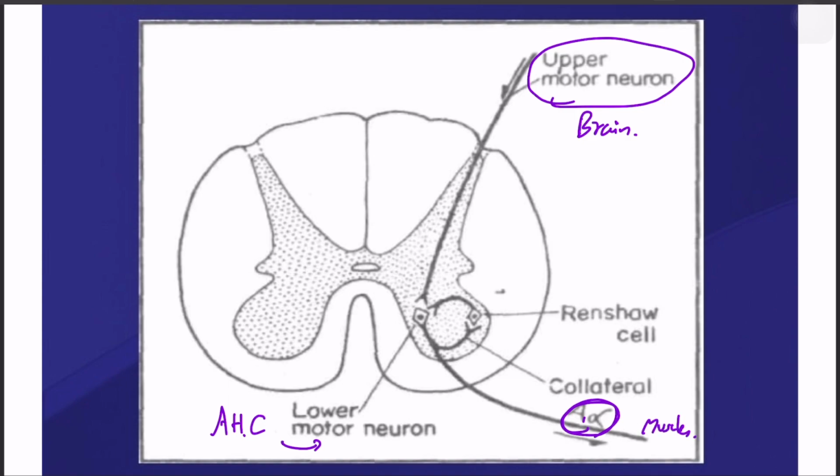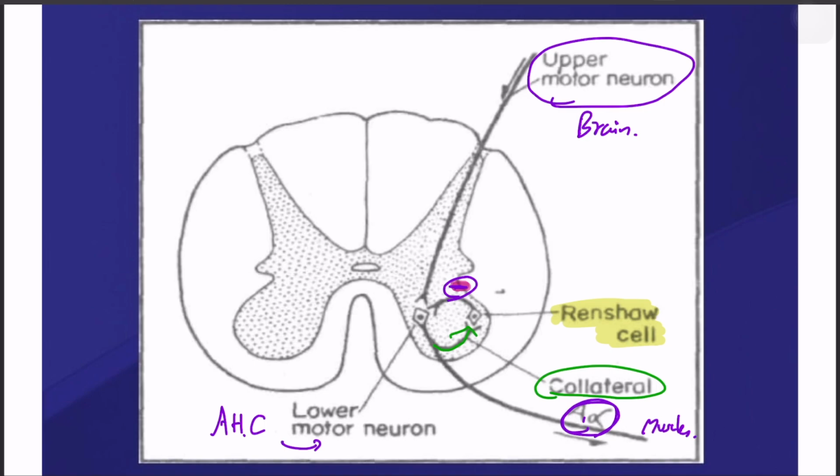the action. To maintain control over this action, this lower motor neuron gives a collateral to the cell called the Renshaw cell. This Renshaw cell in turn inhibits the original lower motor neuron.